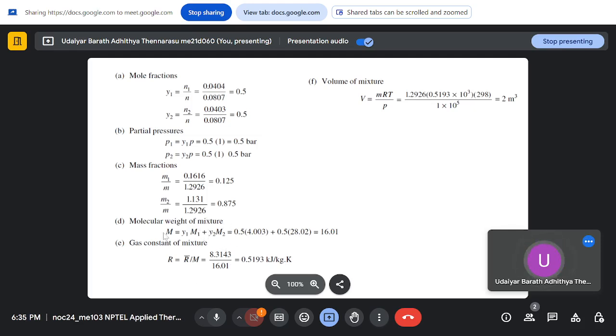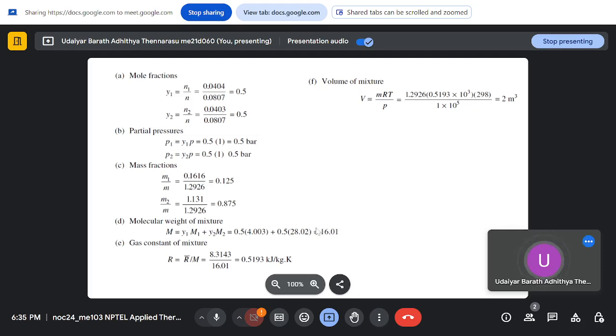That will give you the molar mass of the mixture. So the summation of individual mole fraction into molar mass of that component. Substituting the values, 0.5 into 4.003 plus 0.5 into 28.02 for nitrogen gives you 16.01. So this is the molar mass of the mixture.